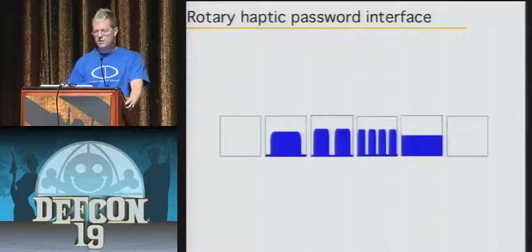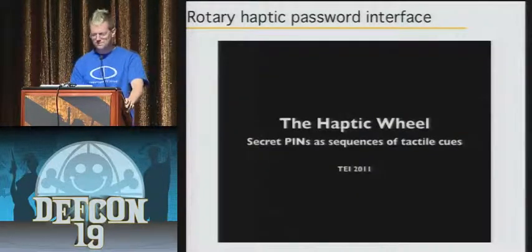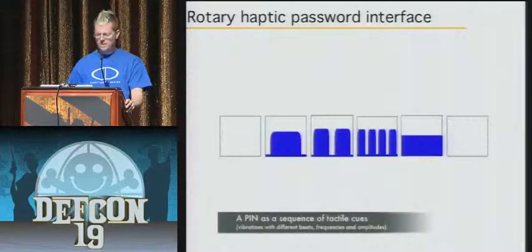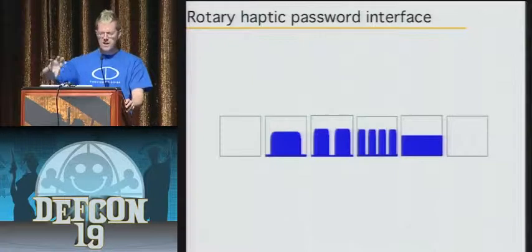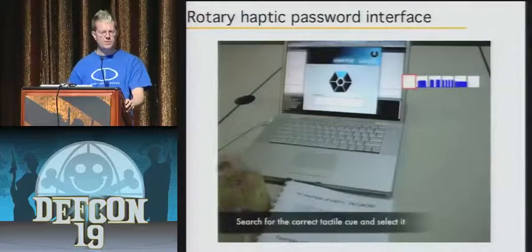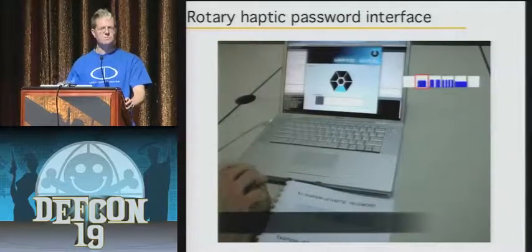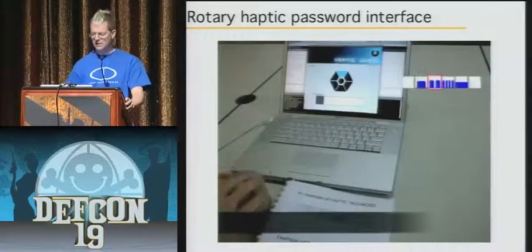So kind of like a knob interface to the tactile keypad. So this is the same kind of tactons and a 3D printed knob with a vibrotactile element, and you just kind of spin it and search for the one that's the right one, press the button to enter, and move on to the next one.